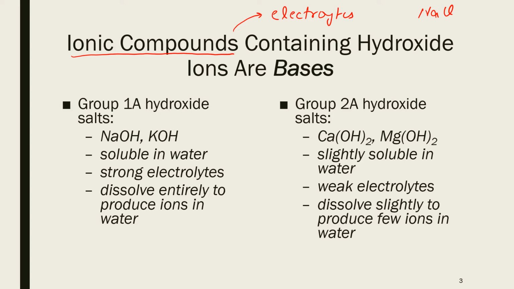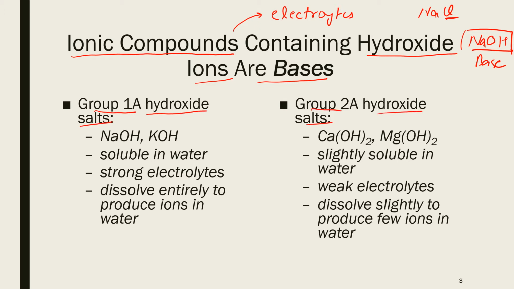Now, if our ionic compounds contain hydroxide ion, then all of those ionic compounds are bases. For example, instead of a chloride ion, if sodium is bonded with hydroxide, sodium hydroxide will be a base. So all group 1A hydroxide salts and group 2A hydroxide salts are bases.